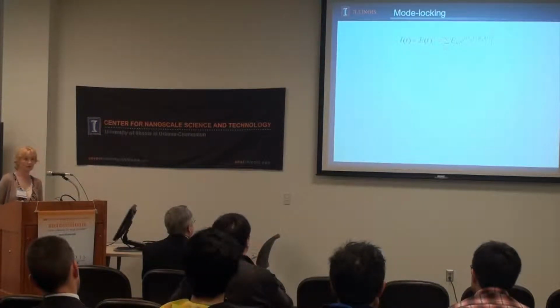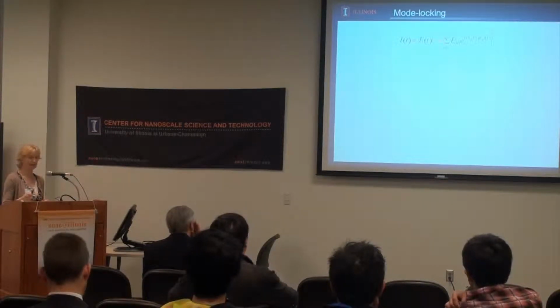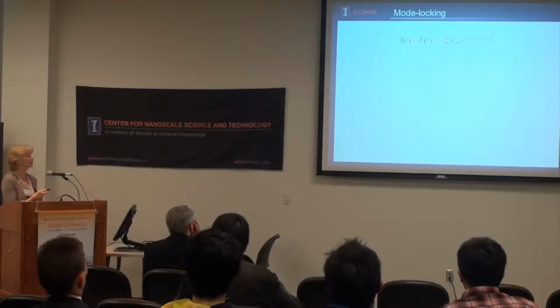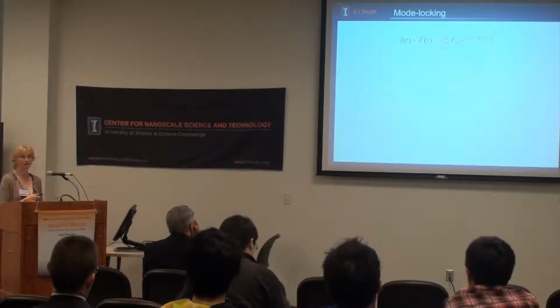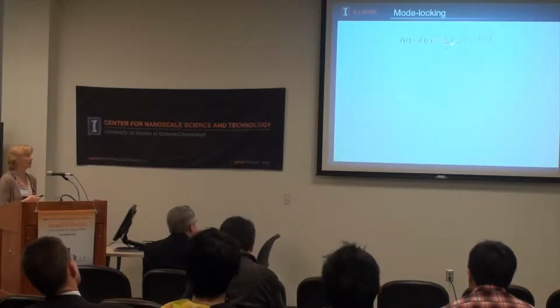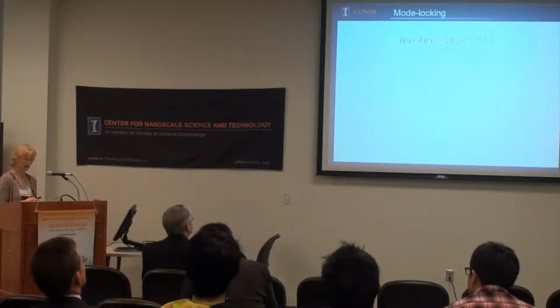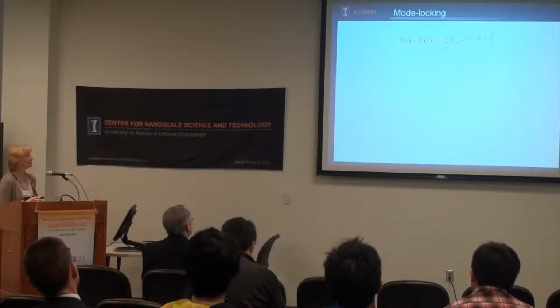Right, how do we make a laser mode-lock? Well, any laser has several modes, and the output intensity is just a sum of the square of the electric field of these modes. These modes add up. Here we have the amplitude of the electric field, and this is the mode frequency, and then there's this term here which is the phase.